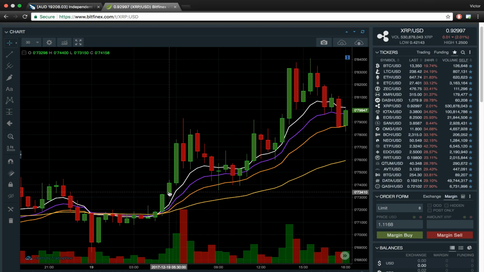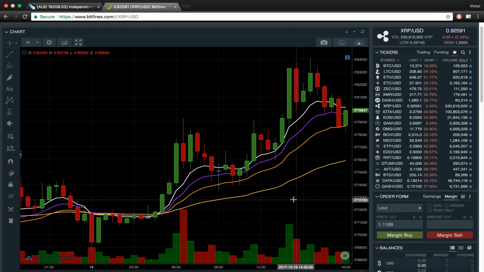Now, ignoring all other indicators, let's look for the next crossover and see if we'll make a profit or not. Assuming we know nothing about cryptocurrency, we're just using these lines. That's it. These silly little squiggles.